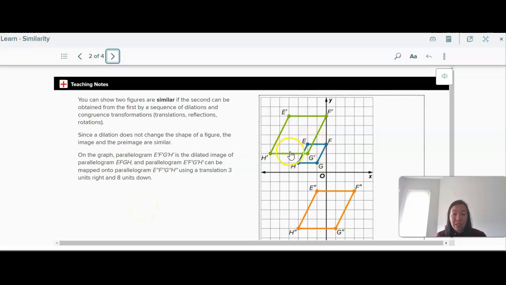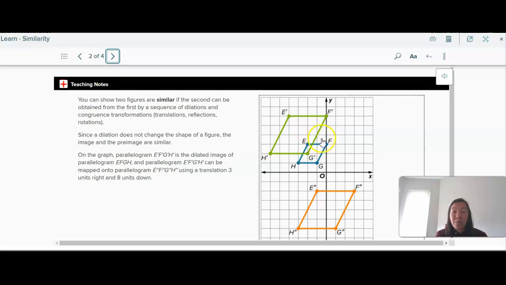On this, if I dilate it and enlarge it, then we get this one in green. So dilate it by a scale of 2, and then if we move it 3 right and 8 down, then we end up with this one. So this orange is a similar figure of the blue because we were able to use a series of transformations.